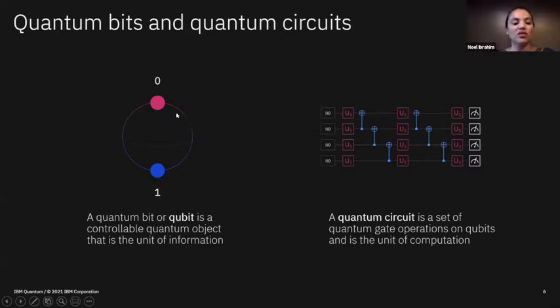So as you can see here on the left, we've described the qubit with a spherical diagram here. At the top pole, one sees 0, at the bottom pole, one sees 1. But the quantum state can actually act like a vector that points to different areas on the surface of this sphere.